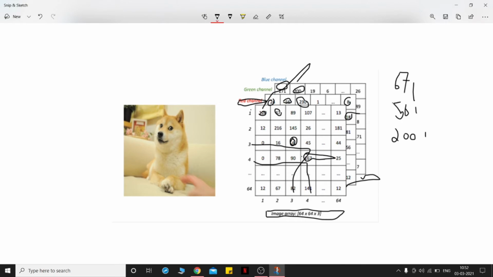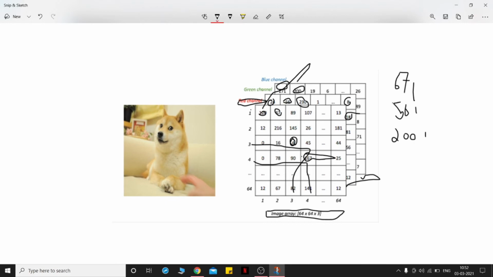And when these colors are presented in the form of a 3D matrix, it makes us find out what the image is. So you give several sample images, several dog images to the machine learning algorithm, and you basically train the computer to find out whether a given image is a dog or not a dog.